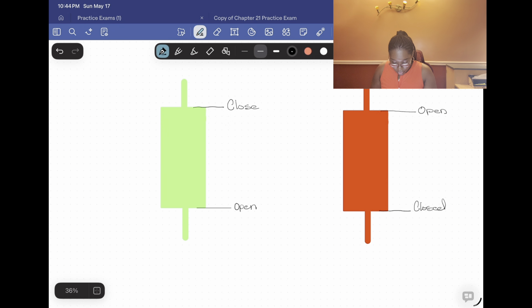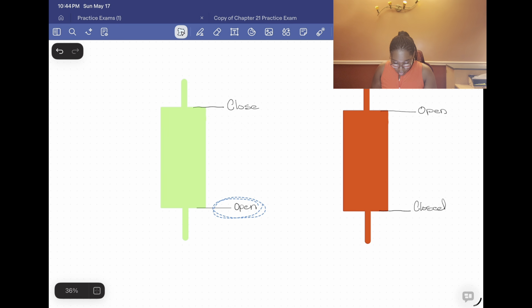So if we started right here, and we close right here, price actually opened, let's say it opened here, and at one point it reached this lower level where the bottom of this wick is, and then it also came up here and reached this level before finally closing right here.